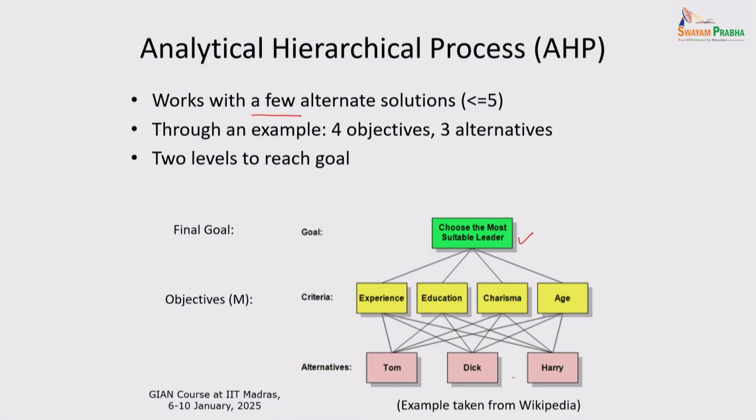And I have 3 options: Tom, Dick and Harry. Okay, it's an artificial problem. Which one shall I pick? That's the question. So you see very few alternate solutions and about 4 criteria. What's the one I'm going to pick? So that's where you think of AHP.